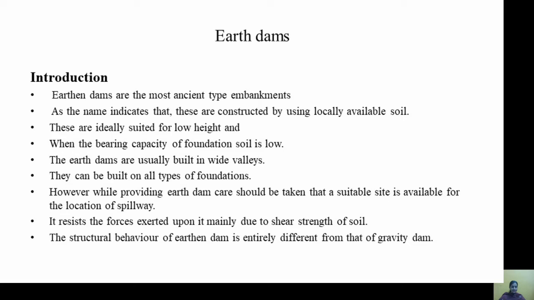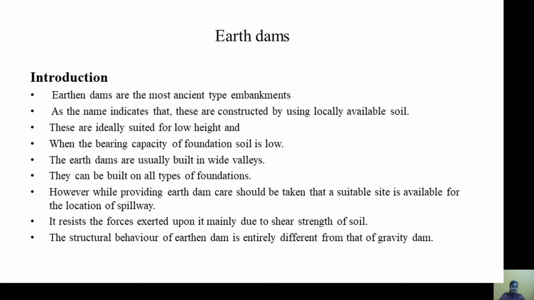However, while providing earth dams, care should be taken that a suitable site is available for location of spillways. Earthen dams resist the force exerted upon them mainly due to shear strength of soil. The structural behavior of earthen dam is entirely different from that of gravity dam.